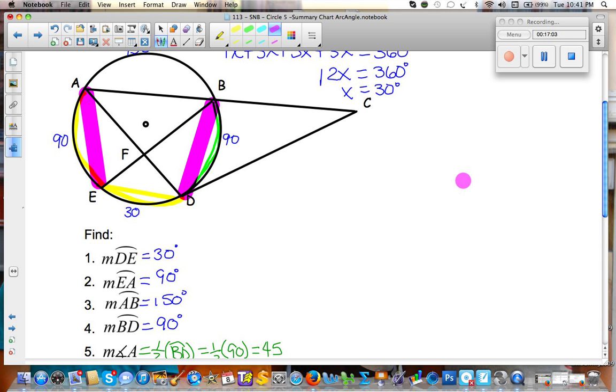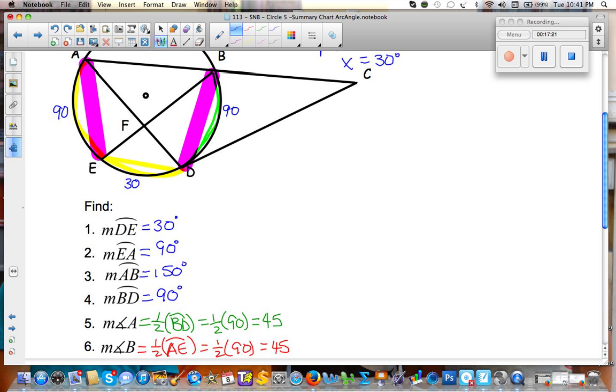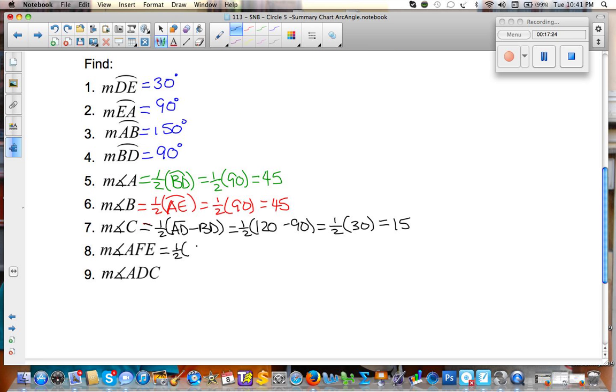Well, we'll leave that. Nonetheless, we have to take half of that sum. So we have half, and our one arc was 90 and 90. So half of 90 plus 90 means we need to take half of 180, which brings us back to 90 degrees.